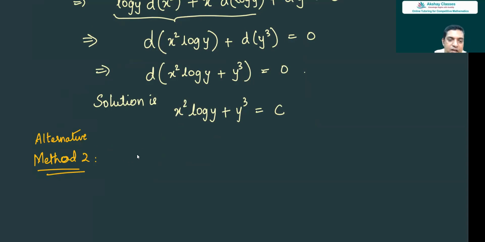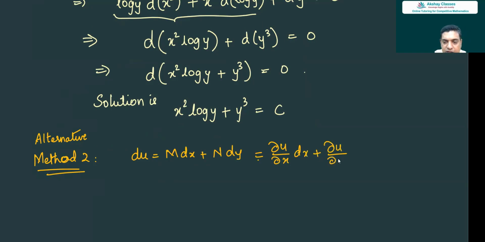So du is m dx plus n dy, which is dou u by dou x dx plus dou u by dou y dy. What we want is to find u.